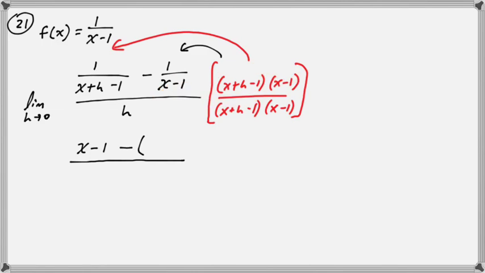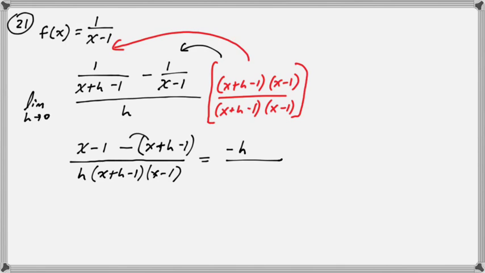So I'm going to have x plus h minus 1. On the bottom, you have all of this, x plus h minus 1 and x minus 1. Cleaning the numerator up, I think it just gives you a negative h, because x and a negative x are 0, negative 1, a positive 1 are 0.